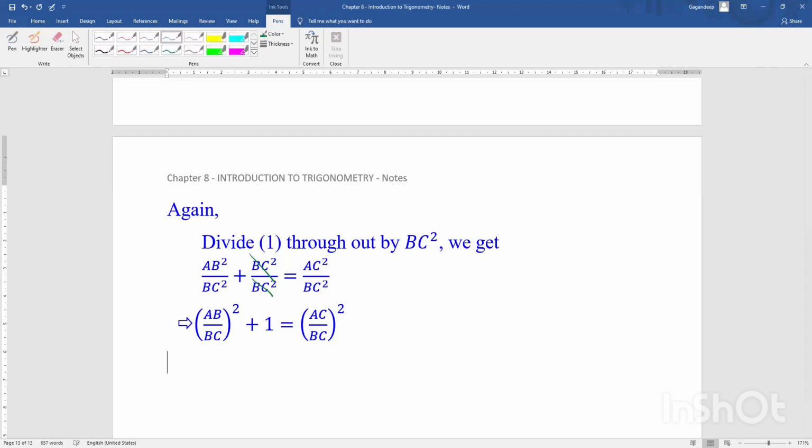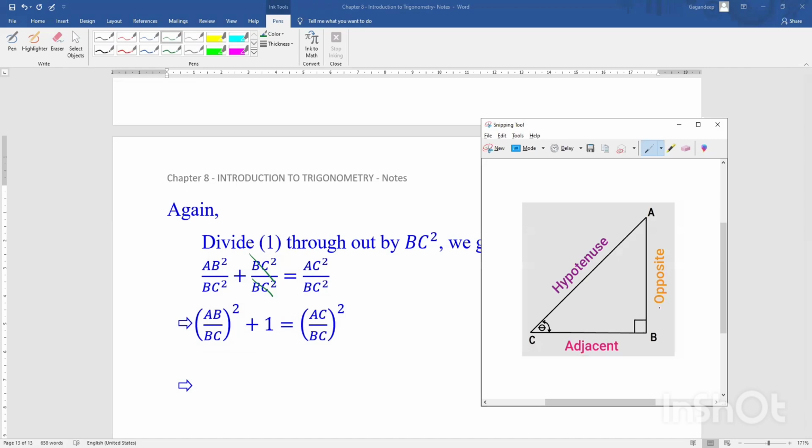Now AB is opposite and BC is adjacent, and AC is the hypotenuse and BC is the adjacent.